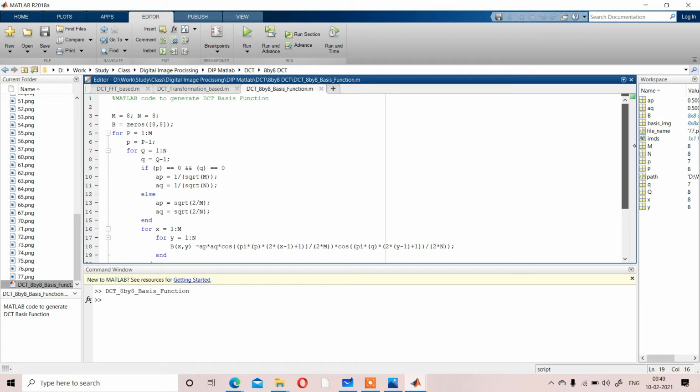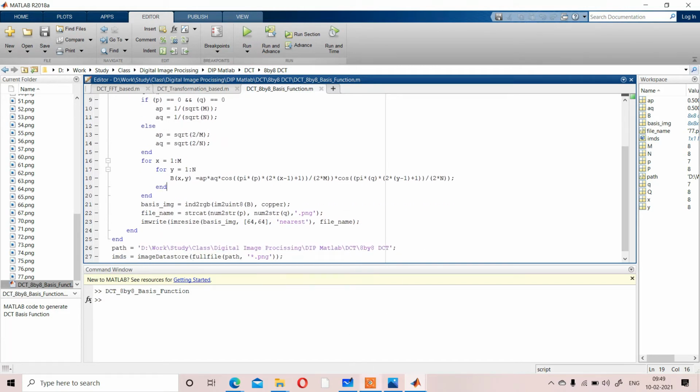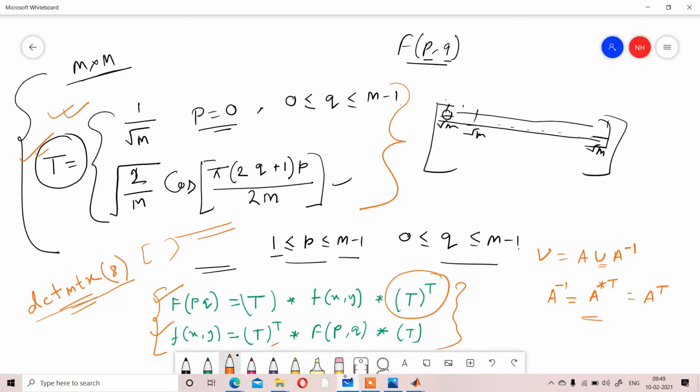But here, if we write 16 in the place of 8, you can get 16 cross 16 also. So whenever we consider the discrete cosine transform, keep in mind we are going to use that MATLAB code DCTMTX. Okay, so that is your transformation matrix approach.